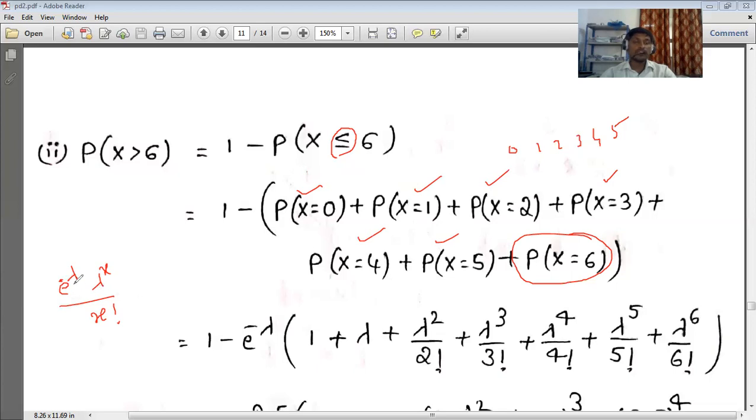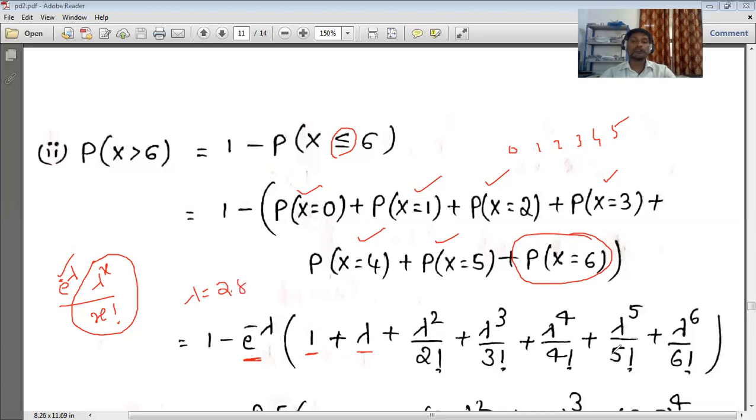After substituting, which one is the common one? E power minus lambda is common in each and every term. And then we wrote the remaining here. If we substitute 0, what we'll get? 1. And next lambda, lambda squared by 2 factorial, lambda cubed by 3 factorial, lambda power 4 by 4 factorial, lambda power 5 by 5 factorial, lambda power 6 by 6 factorial. Only this, for different values of x: 0, 1, 2, 3, 4, 5, 6, and we kept e power minus lambda outside. And we already know the lambda value, 2.5 calls per minute.